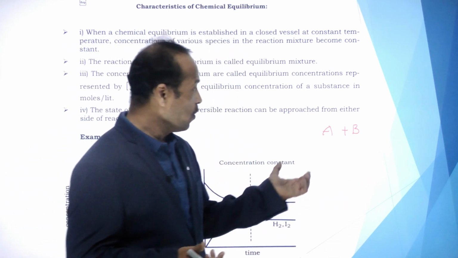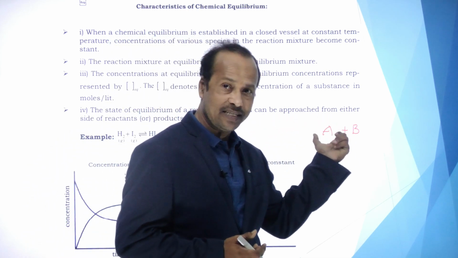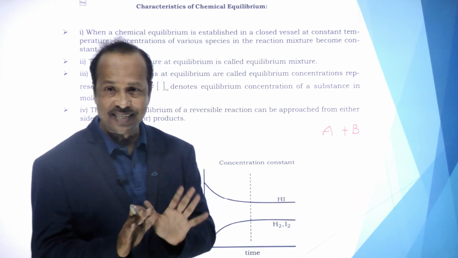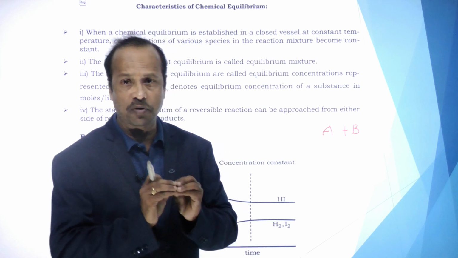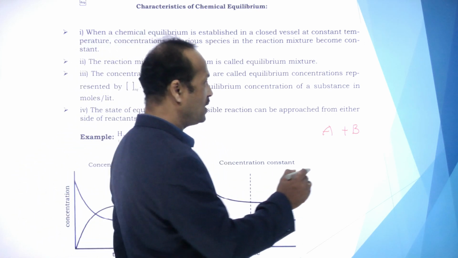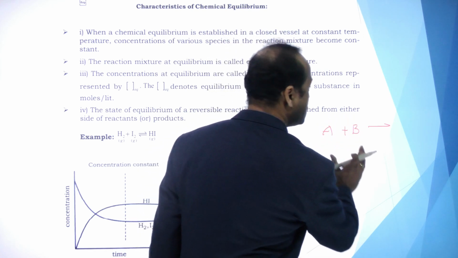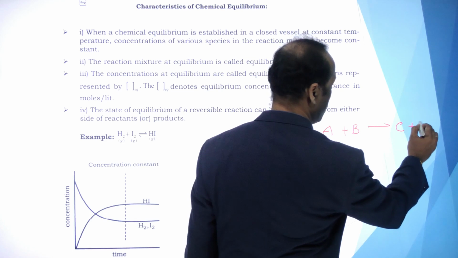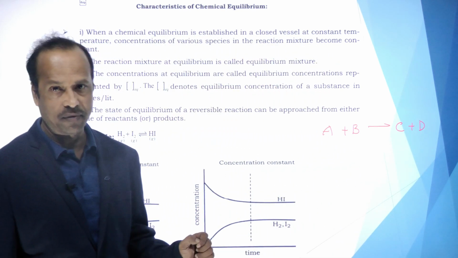So the concentration of the reactants is full, but the concentration of the products is nil, because the products are not there. Now when the reaction starts, what happens? The reactants convert into products. Let us take the two products C and D.